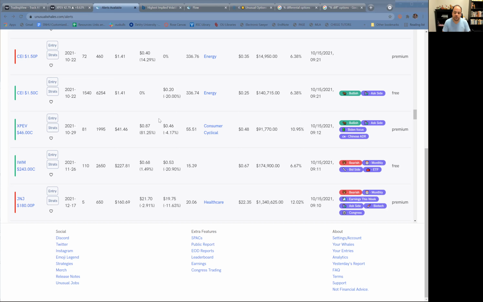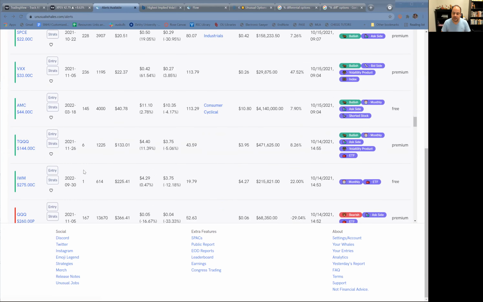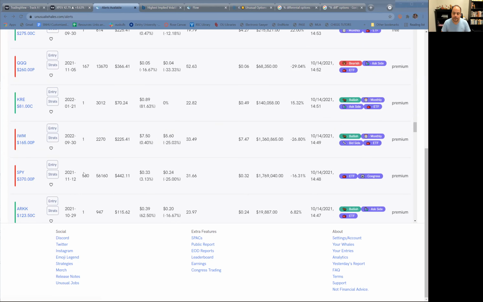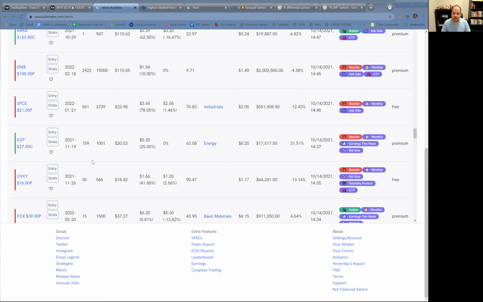So if you're on a call, and like you can see here, that's an ETF. I don't want to do that one. Let me see. Okay, so EQT. This was alerted on the 14th in the afternoon. And you can see it's on the bid side and it's bearish. This means that this is a sold call.